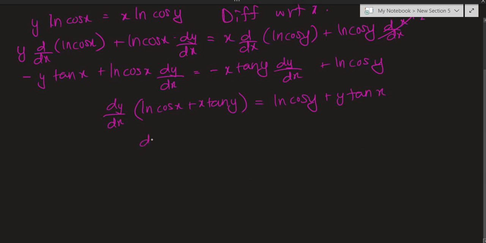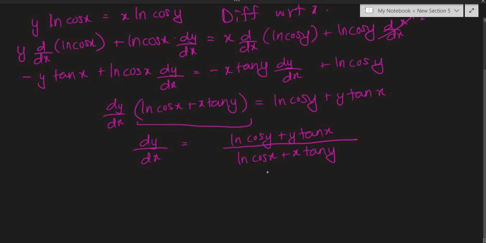And to obtain dy over dx, we divide both sides by this part, and we get natural log of cosine of y plus y times the tangent of x divided by the natural log of cosine of x plus x times the tangent of y.